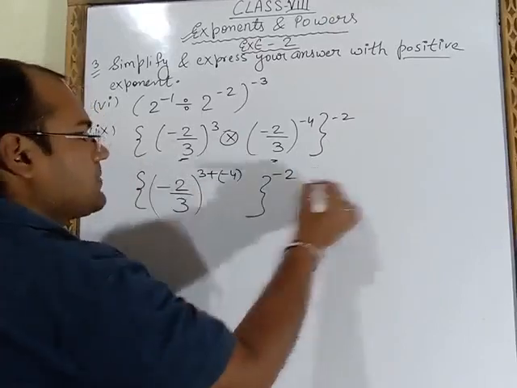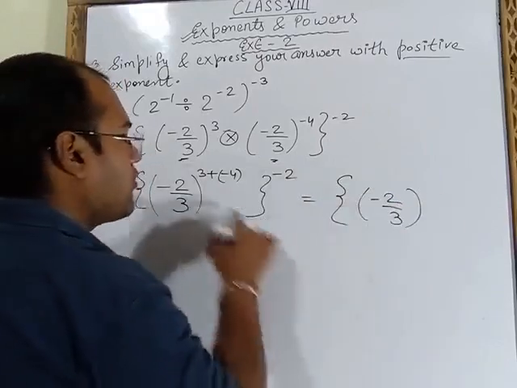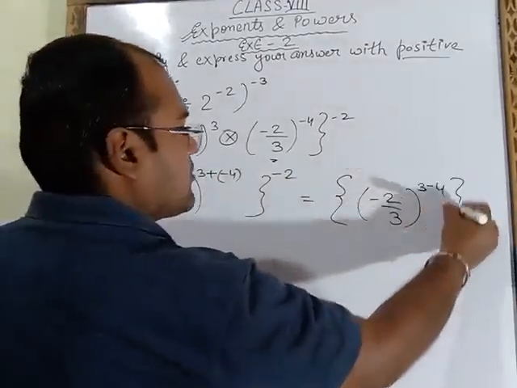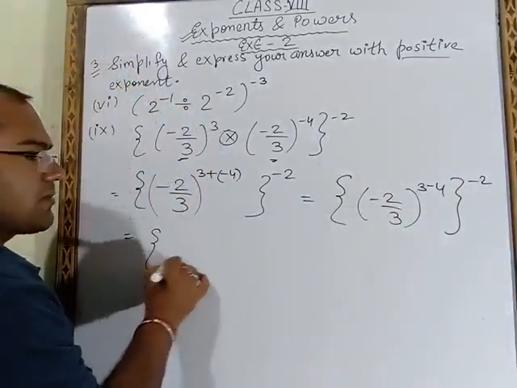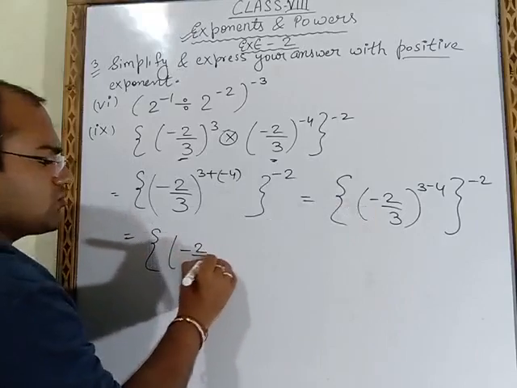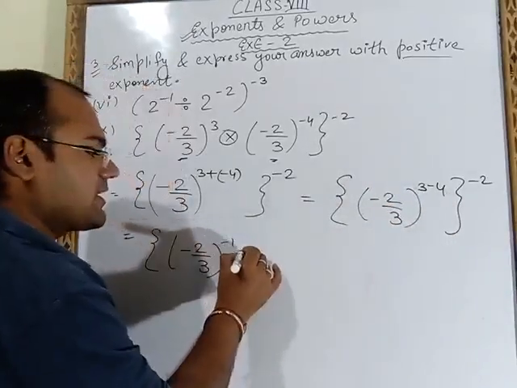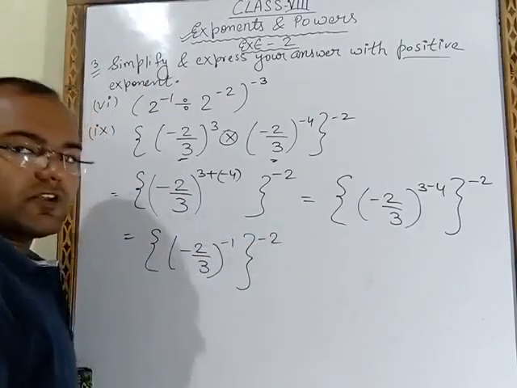Now the next step is the curly bracket, minus 2 upon 3 whole power 3 plus and minus will become minus 4, whole power minus 2. Now next step, curly bracket minus 2 upon 3, 3 minus 4, answer will be minus 1, whole power minus 2. Now what will be the next step?